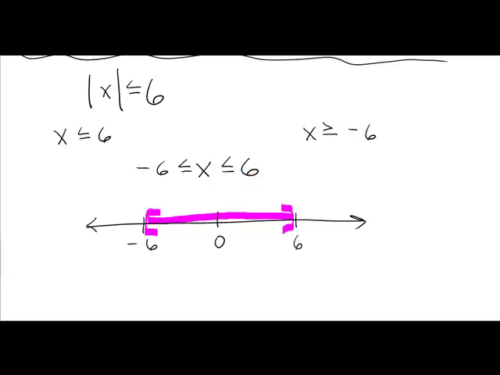Then we want to write it in that interval notation, which remember, it's just a copy of what you have graphed. And so I have a bracket -6, comma 6, and a bracket. So there's that inequality statement, there's that graph, and then there's my interval notation. All 3 things that I need to be able to solve this problem.